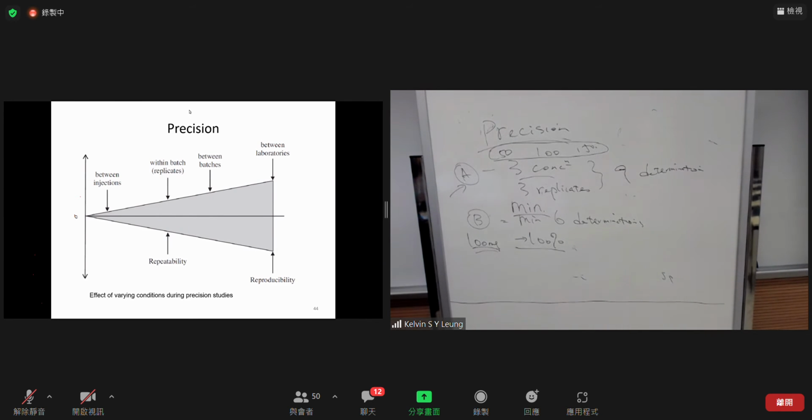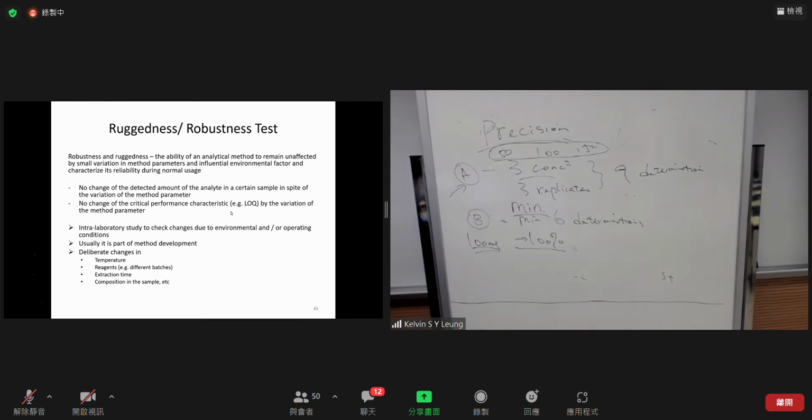Okay, so after we talk about the precision, let's move on to the next one, which is ruggedness, or we call it robustness. In these studies, the test in the method validation is to study the ability of the analytical method to remain unaffected by small changes in your experimental settings.